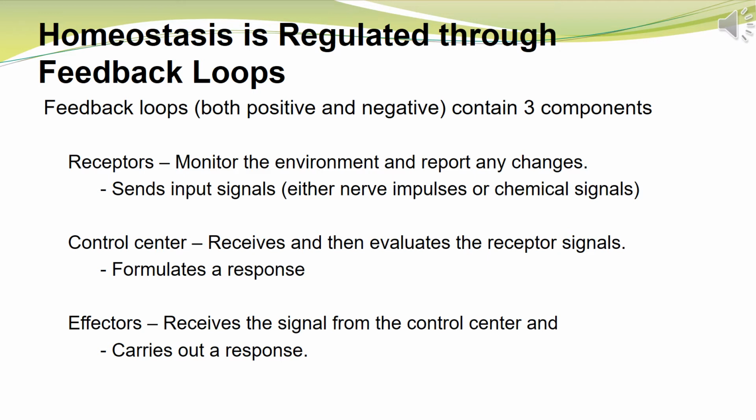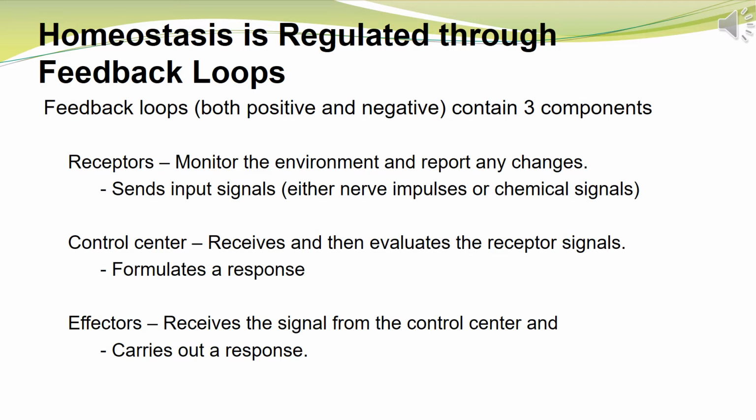First, they all have receptors, which they use to monitor the environment and report any changes. So these send input signals, which can either be nerve impulses or chemical signals, that eventually are received in the brain. And the brain would be our control center, which is the second component, and this receives and evaluates the receptor signals and formulates a response.